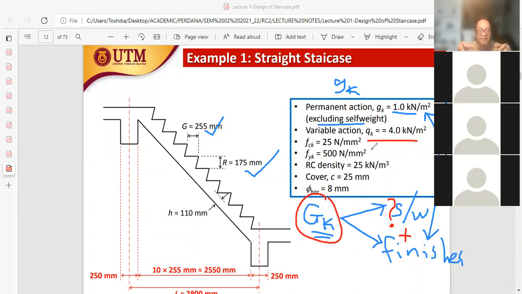in Eurocode. No code has it, because it makes sense: if the building is retail or office, where office loading is about 2.5 kilonewton per square meter, then the staircases should cater for at least the same, 2.5, or more, 3.0, 3.5. Okay.